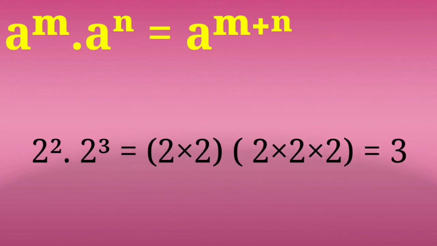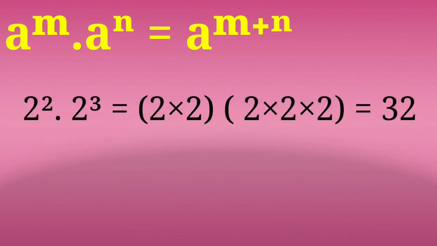And what is 2 raised to 3? 3 times you have to multiply 2. 2 into 2 into 2. What is the answer? What is 2 into 2? 4 into 2 into 2 is 8. 8 fours are 32. So 2 raised to 2 into 2 raised to 3 means 32.